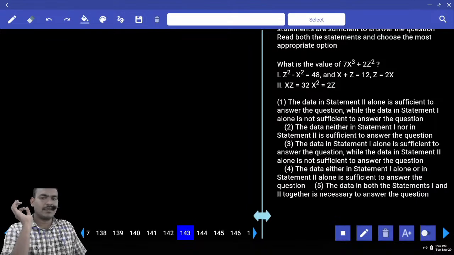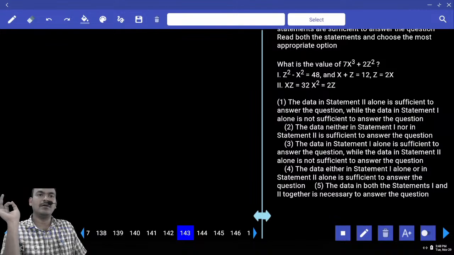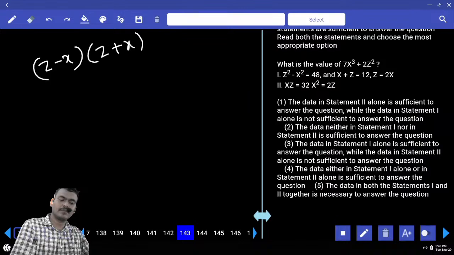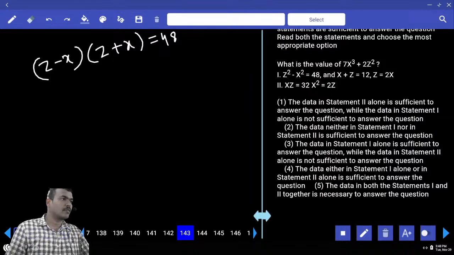It's 143. What is the value of 7x cube plus 2z square? If we require 7x cube plus 2z square, definitely we need to know the individual values of x and z. What is the first statement? z square minus x square equals 48, x plus z equals 12, z equals 2x. (z minus x) into (z plus x) equals 48.